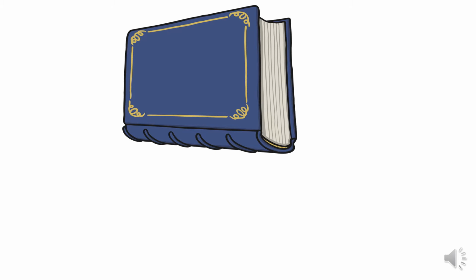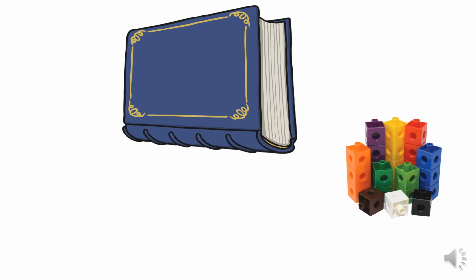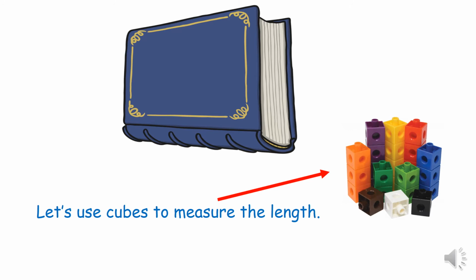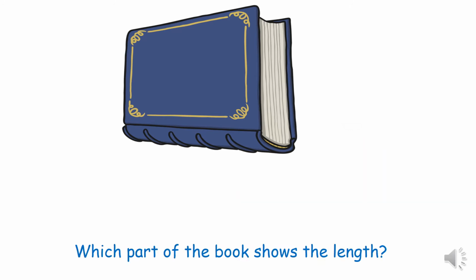Here is a book. Together we're going to measure the length of this book, and we're going to be using cubes to measure the book. Cubes are a non-standard unit of measurement. But before we can do that, we need to think which part of the book shows the length.